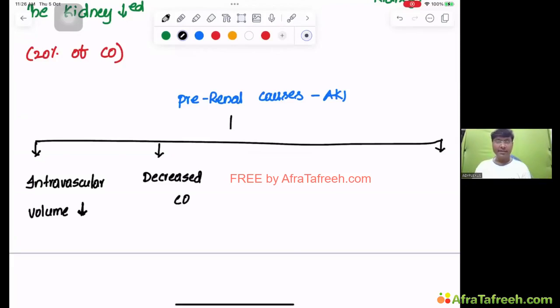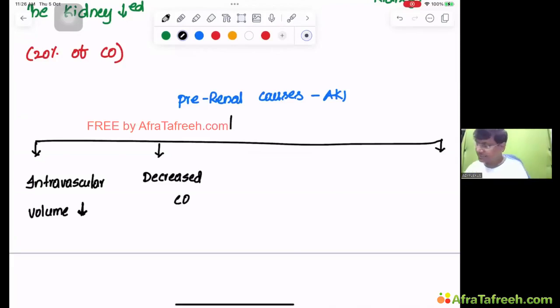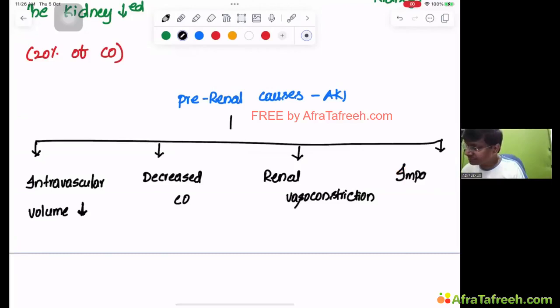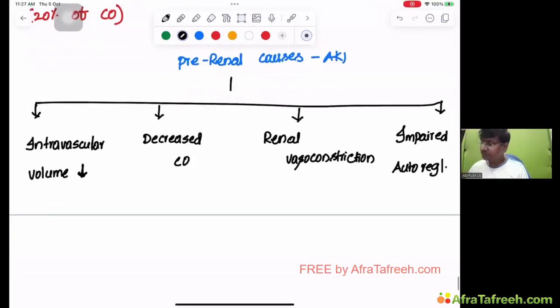There can be reduced renal perfusion. Next is renal vasoconstriction. There is another important pre-renal pathology. Next is impaired autoregulation. So these are the pre-renal causes for the acute kidney injury.